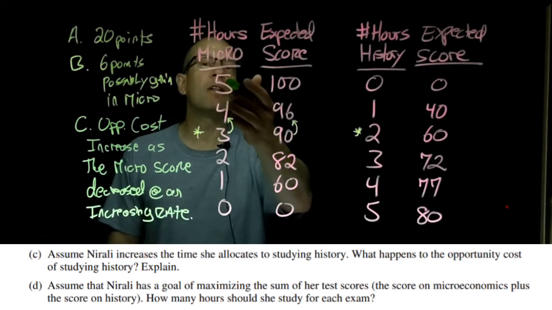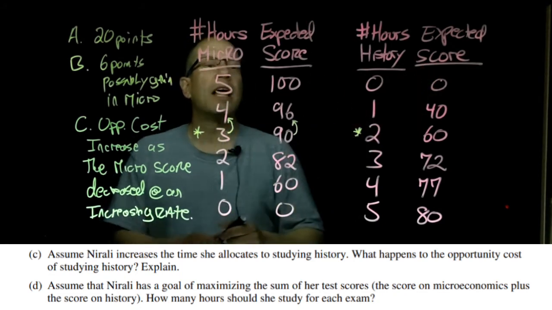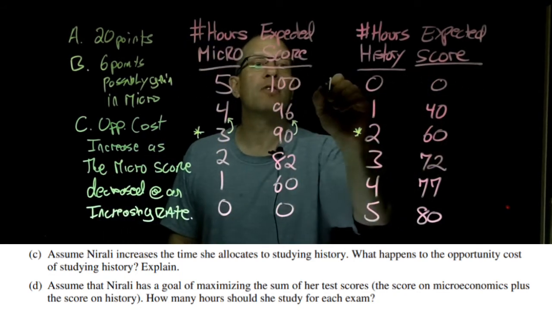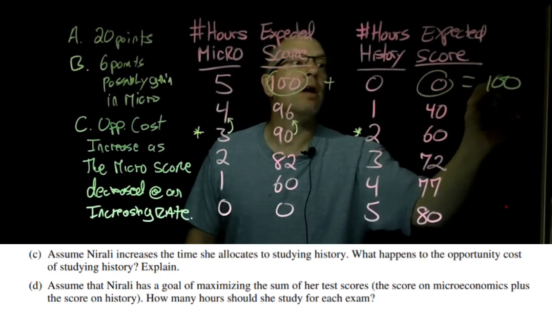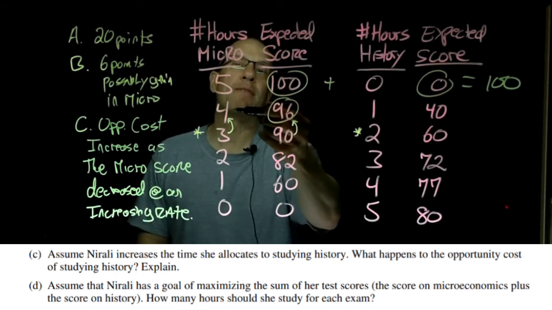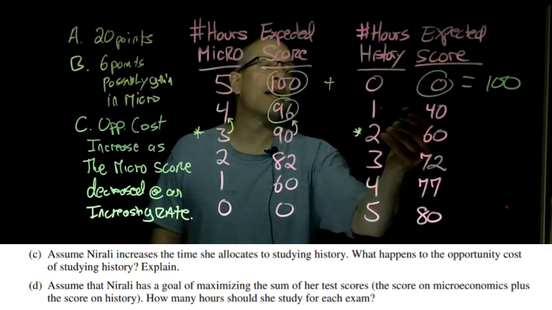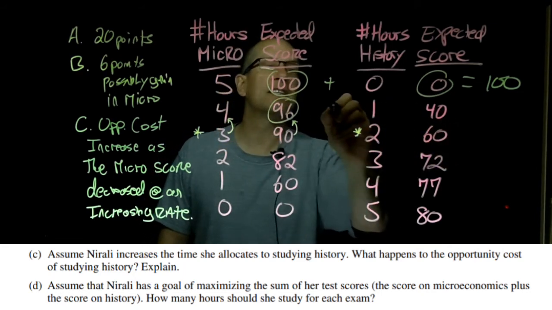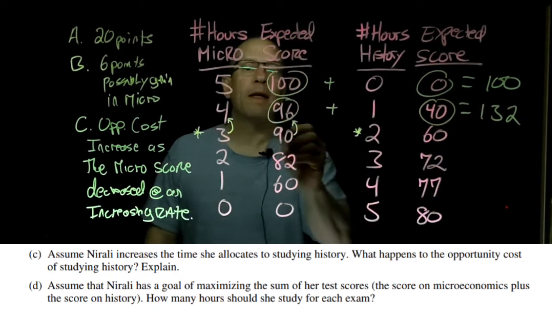If I spent all my time studying micro and 0 studying history, my added score together would be 100 plus 0, which equals 100. If I took 1 hour off the micro and studied 4 hours for micro, I'd get a 96. 1 hour for history, I'd get a 40. So 96 plus 40 equals 132.